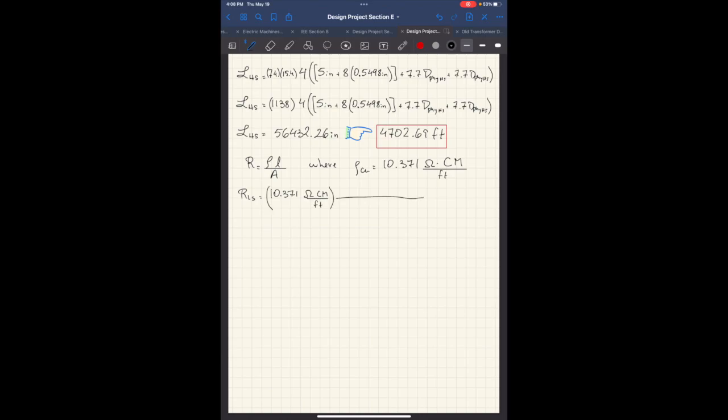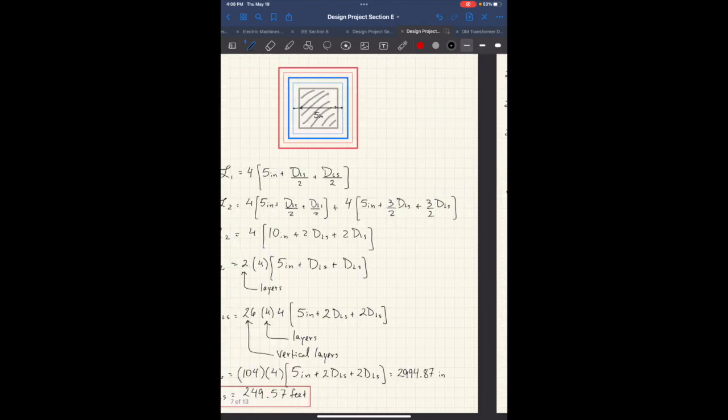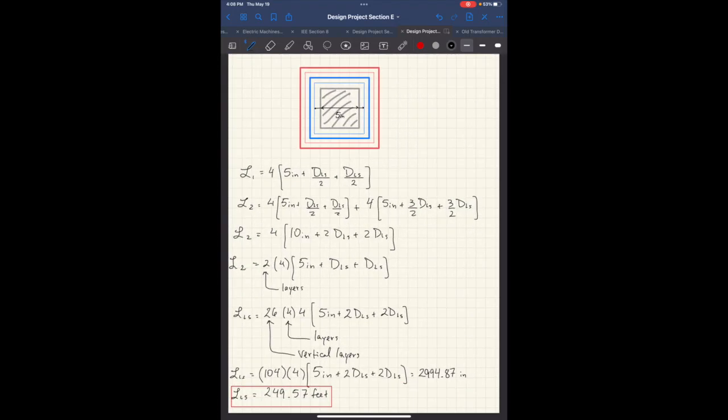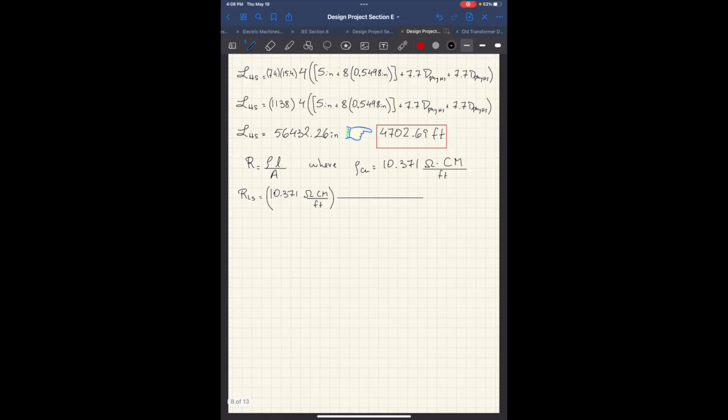We're going to multiply by the length of the low side conductor, which we had on the previous page, 249.57 feet. And we're going to divide by the cross-sectional area in circular mill. Now we're going to use the 211/600 circular mill.